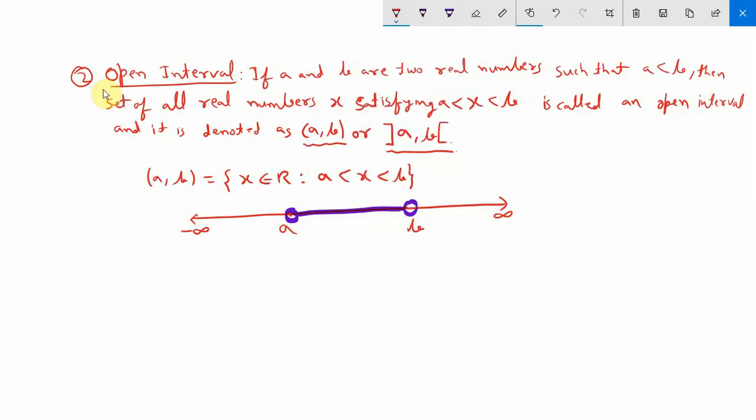So if, for example, we consider x is an element of, represented by suppose 2 and 5.